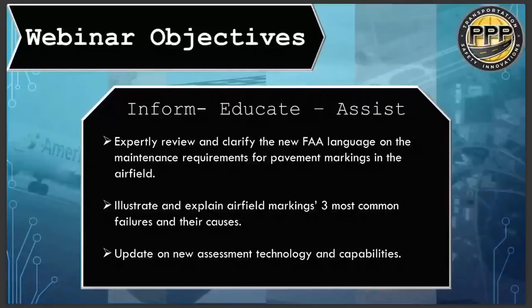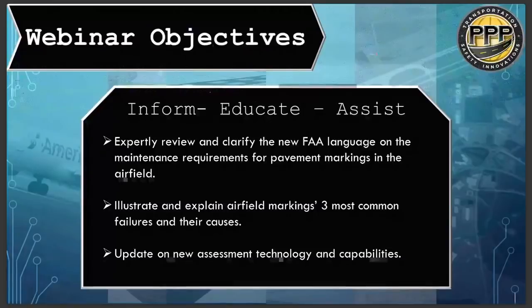Our objectives today are to inform, educate, and assist. We're going to do this by expertly reviewing and clarifying the new FAA language on the maintenance requirements for pavement markings in the airfield. Also, we'll illustrate and explain airfield markings' 3 most common failures and their causes. And we're going to update you on some new assessment technology and capabilities.